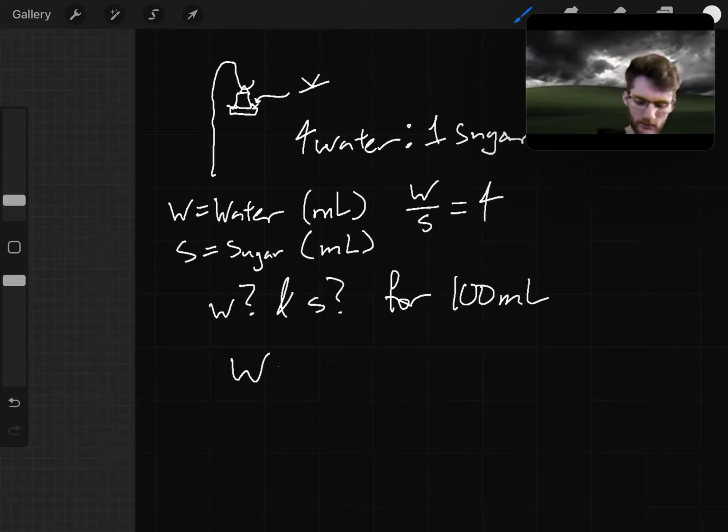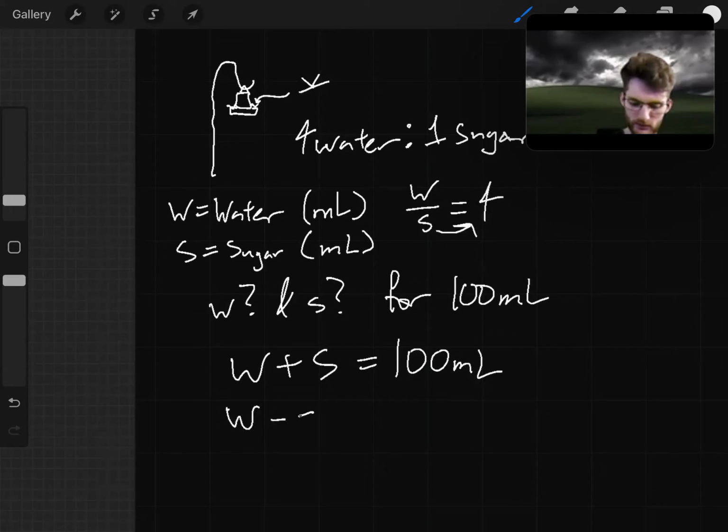The amount of water and the amount of sugar should add up to 100 milliliters. And if I rewrite this by multiplying S and then subtracting, I can say that W minus 4S equals 0. And this would be in units of milliliters.